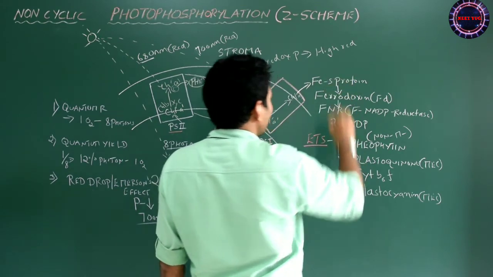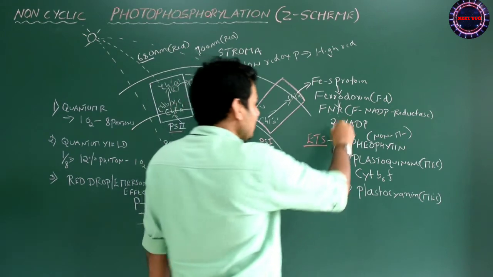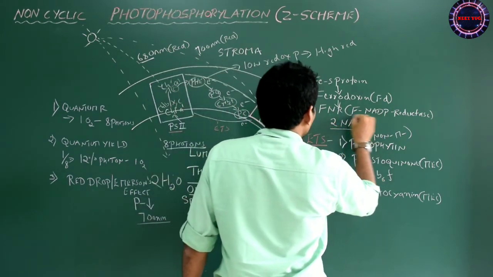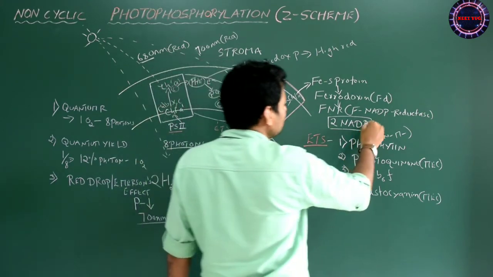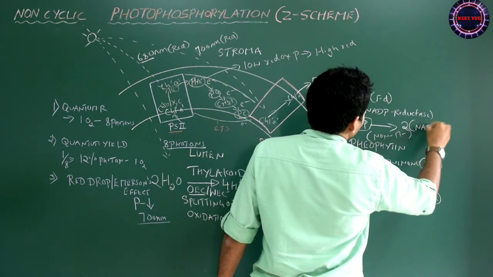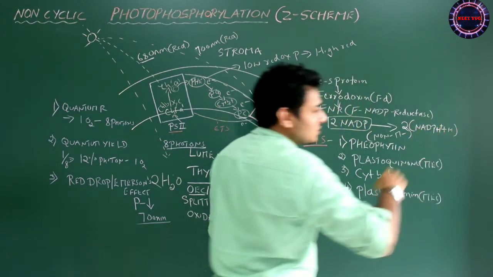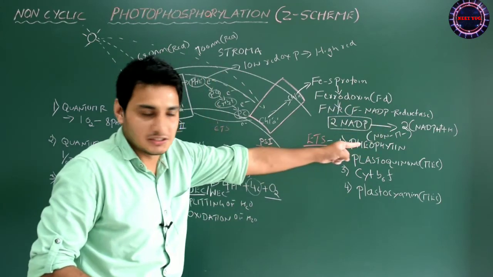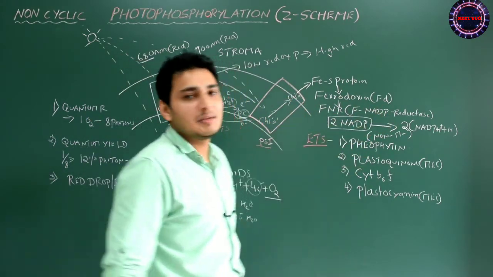Then comes the enzyme FNR, ferredoxin NADP reductase. And here what's going to happen? The NADP, how many are there? 2 NADP are there. They are going to be reduced to form 2 NADPH plus H. So that means we have got the energy. This is actually the flow of electrons to synthesize 2 NADPH.